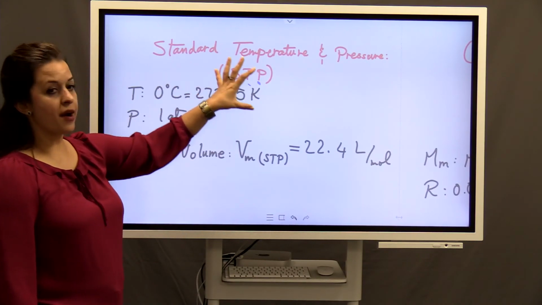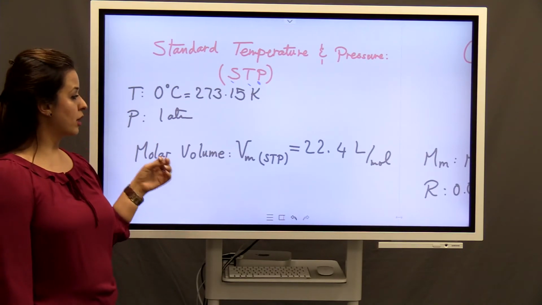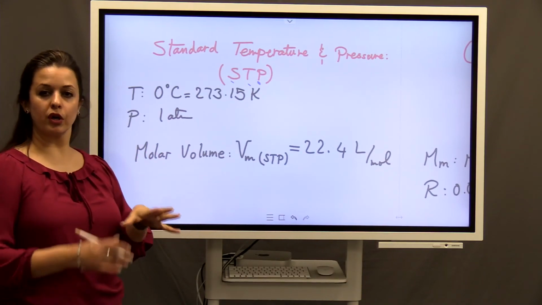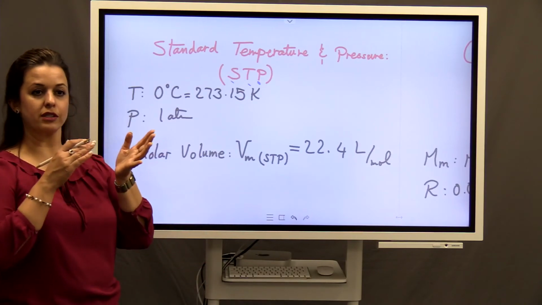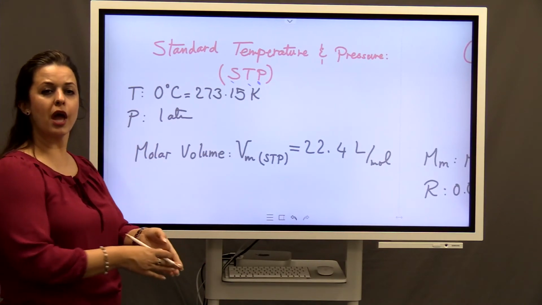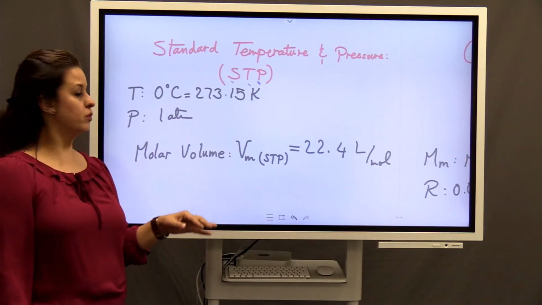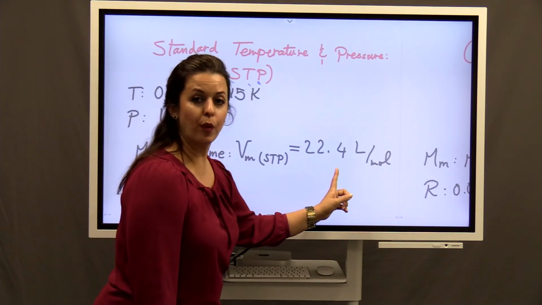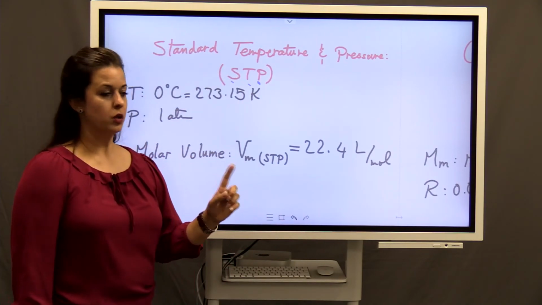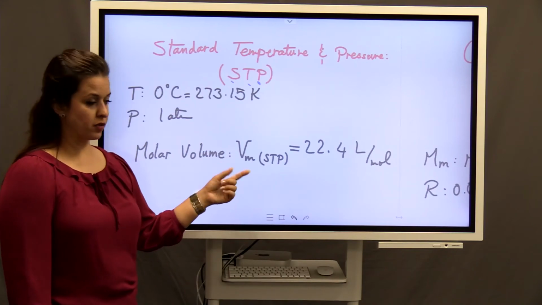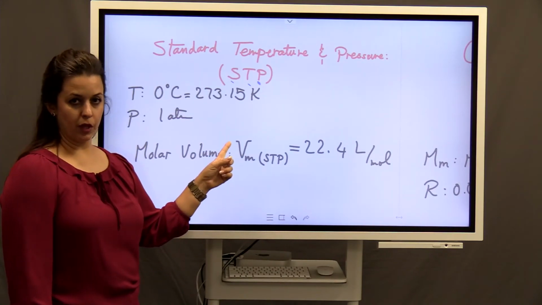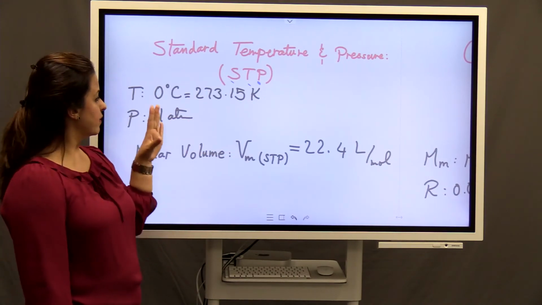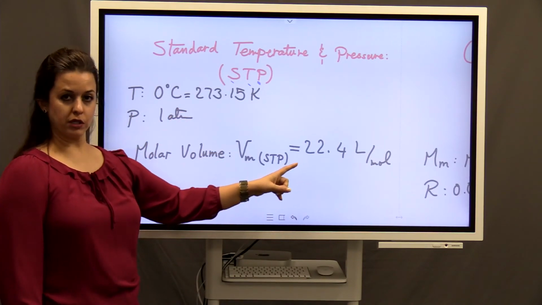So under STP conditions, 1 mole of each gas, regardless of the nature of the gas, whether it's argon, carbon dioxide, hydrogen, methane, propane, any type of gas you think of, will occupy 22.4 liters per mole, which is called molar volume. We show it as VM, molar volume.